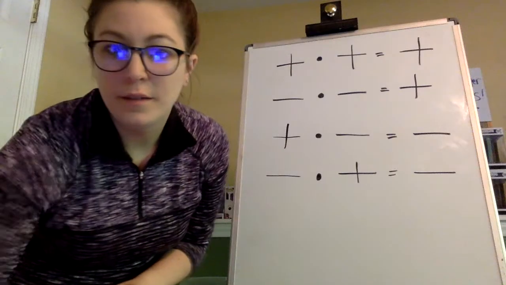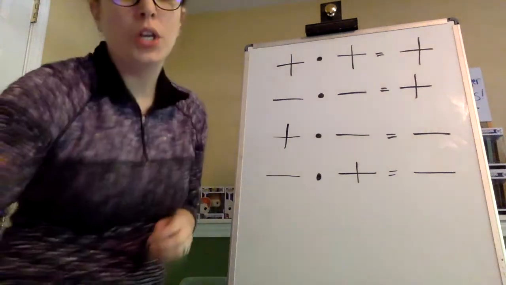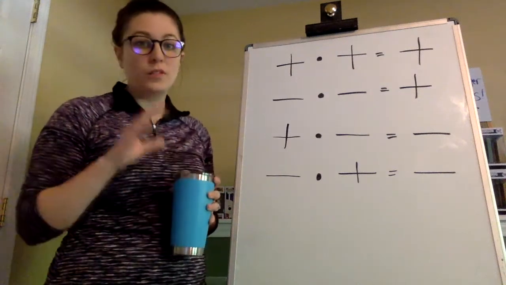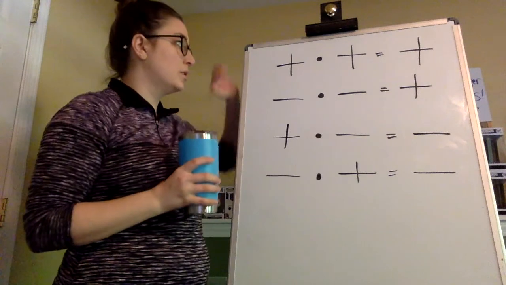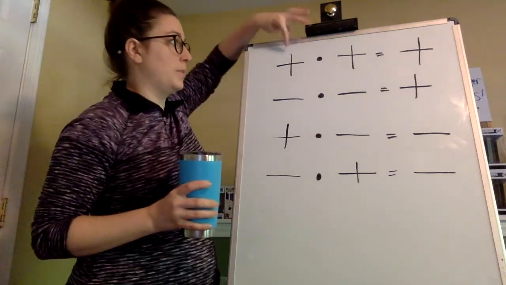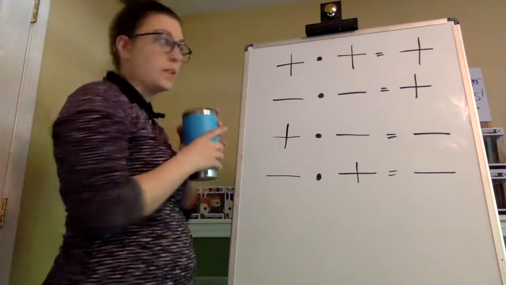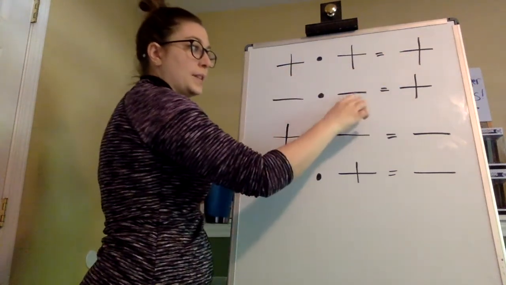So talking about multiplying and dividing with negative numbers, I went ahead and drew up here for us all of the things you need to know about multiplying with negative and positive numbers. If you're multiplying two positive numbers, a positive times a positive is a positive, okay? If they're the same, it gives you positive. So a negative times a negative is a positive.